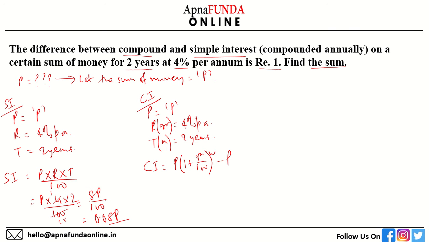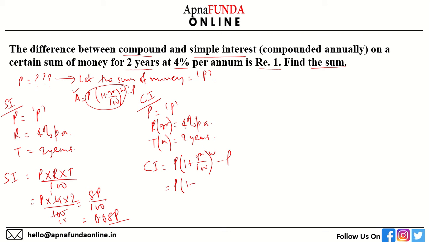You must know that the amount is equal to principal into (1 plus R by 100) whole to the power N, correct? That is the formula to find the amount. But what about the compound interest? When you subtract the principal from this sum, you get the compound interest. So this is the formula that I have just put in here.